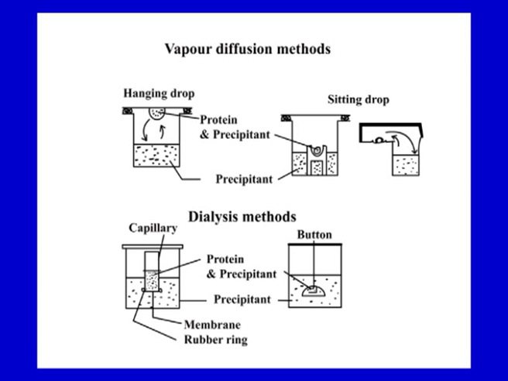Then there is the dialysis method, where through a membrane, the dialysis membrane, the protein solution and the reservoir solution or precipitant interact, and due to the difference in their conditions, water will be extracted from the protein solution and brought to the supersaturation stage to yield crystals.